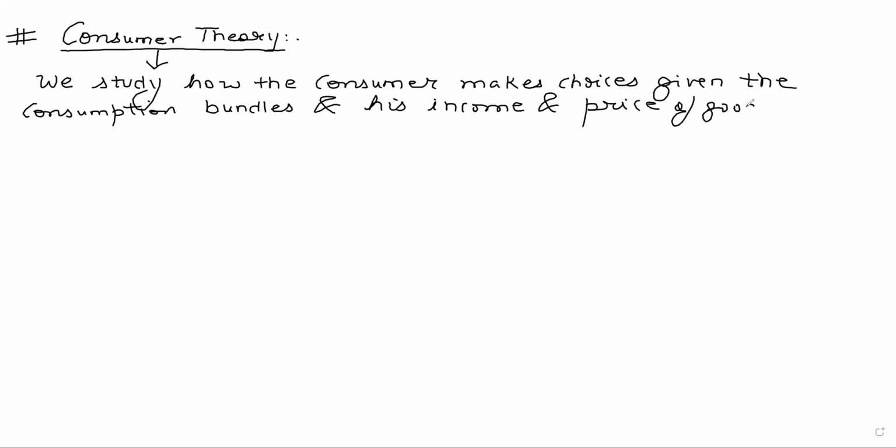The key interest in consumer theory is to find out how consumers make decisions regarding how much of the goods to buy given their constrained income and the fixed price of the goods.